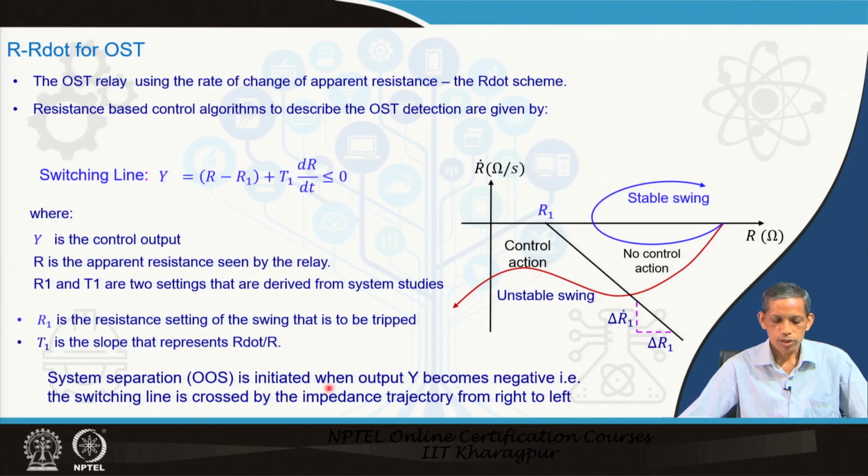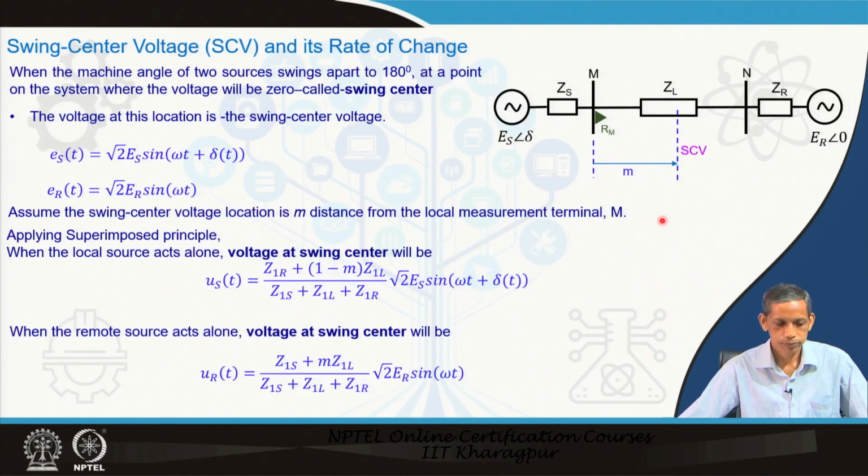System separation is initiated when the output y becomes negative and the switching line is crossed by the impedance from right to left, provided that it traverses a path like this, because this is the load area. In the load area an unstable swing traverses like this, and it will not cross the line in case of a stable swing. So, this is the simple approach used for out of step tripping.